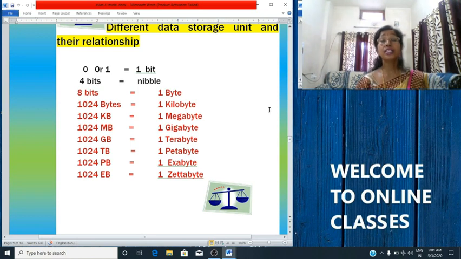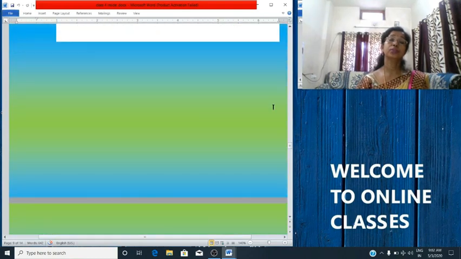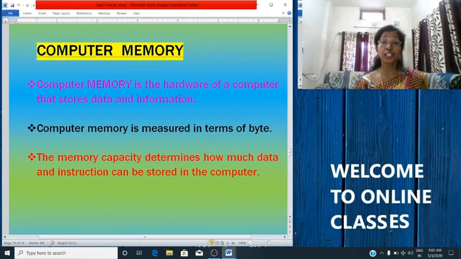So these are the different data storage units and their relationship. Make a note of it and learn it. Now we will move to the next topic, that is computer memory.